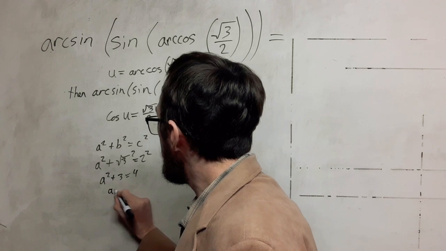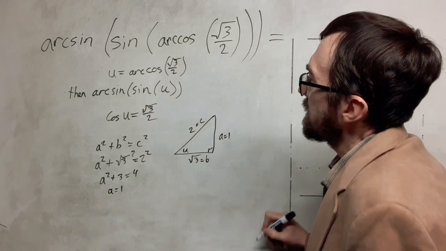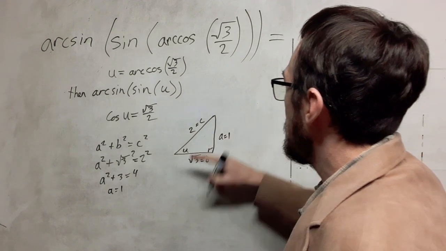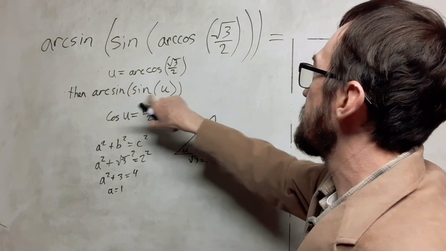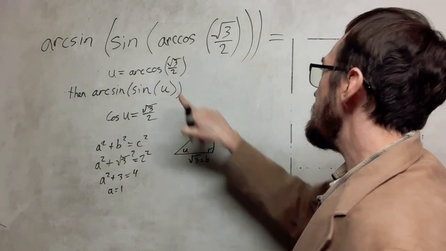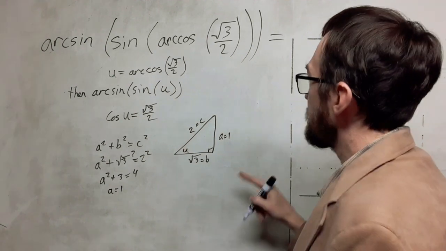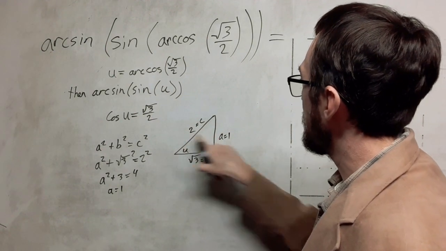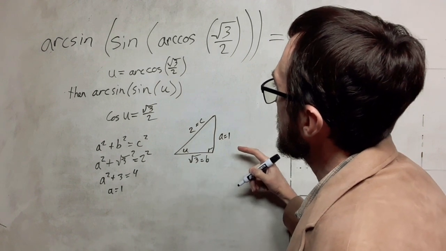So we have that a is 1. Now, using this triangle, we can find what the sine of u is. Sine is the opposite over the hypotenuse, so we're going to have 1/2 here. So sine of u can be replaced by 1/2.